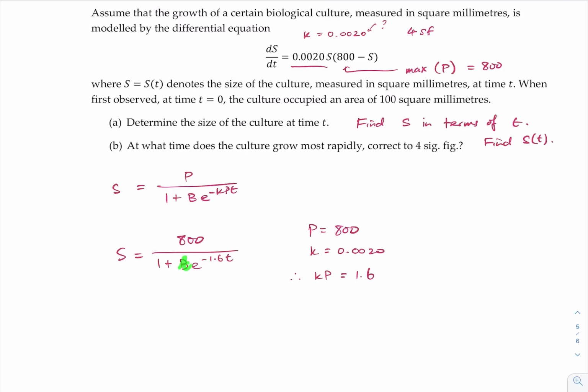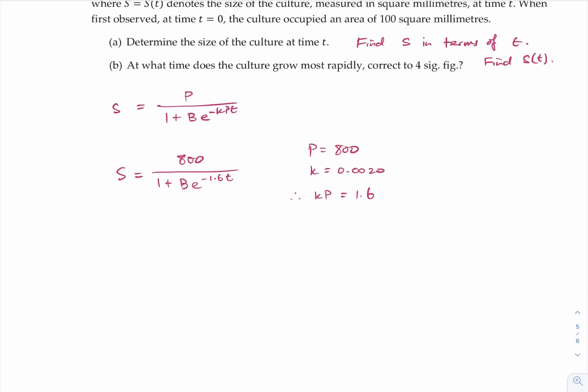Right, so we're nearly there. We just need this, and we get that from S of 0 equals 100. We get that from information given. I just want to quickly point out here that when we put in 0, this all goes to 1. So basically, 800 over 1 plus B is 100. So 1 plus B is 8, so therefore B is 7. Okay?